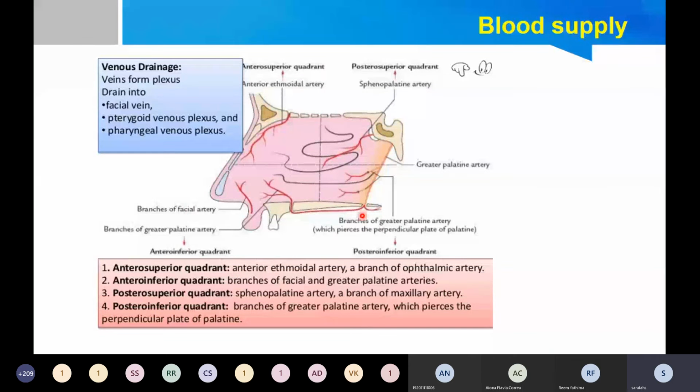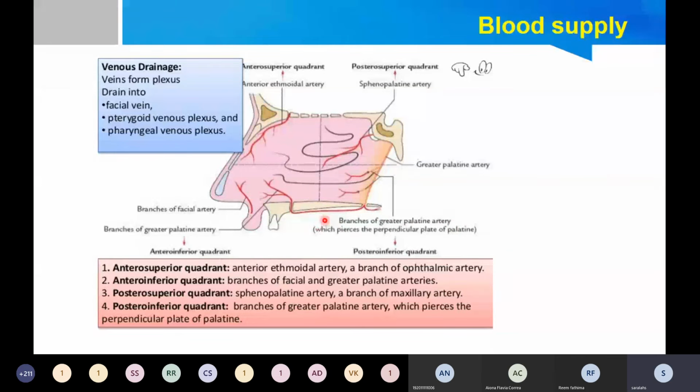Hope the features in the lateral wall of the nose are clear to you. Next, we'll go ahead with the blood supply of the lateral wall of the nose. Here also arteries are more or less similar, but we won't say them as the septal branches. But in the medial wall, we tell them as the septal branches. So superior quadrant is supplied by the sphenopalatine artery. Inferior from the greater palatine artery.